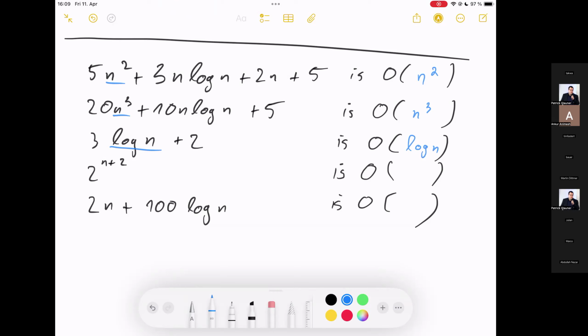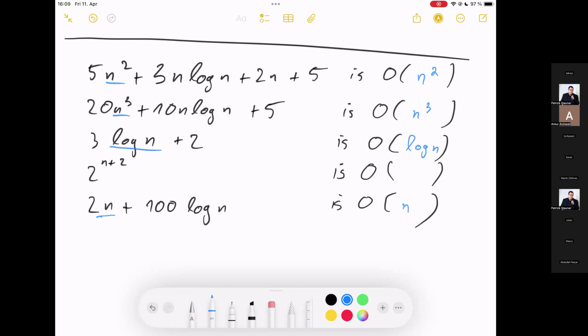You wouldn't just write n squared, because that would be wrong, since we use the O notation. And also the base of the log doesn't matter. We've seen this last week briefly. We will always just look at log. The exact base is just a constant. And the very last one is 2n plus 100 log n, and n contributes the most.